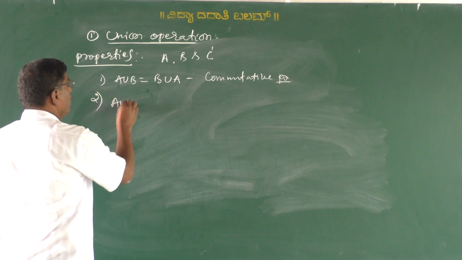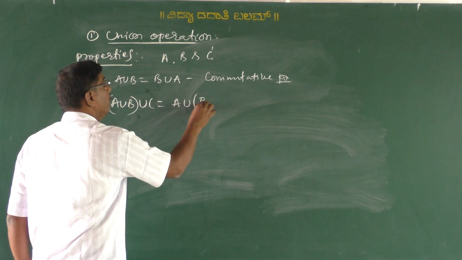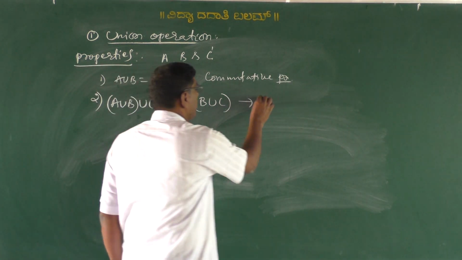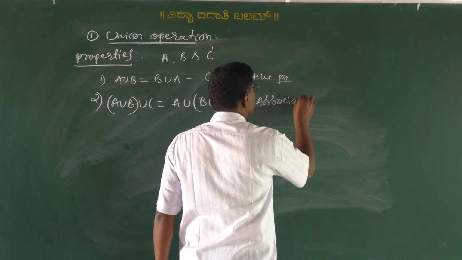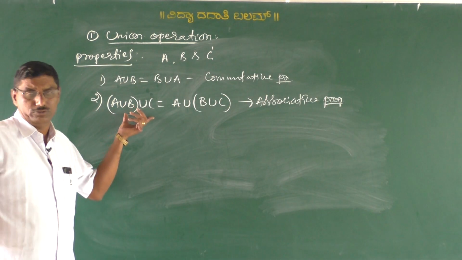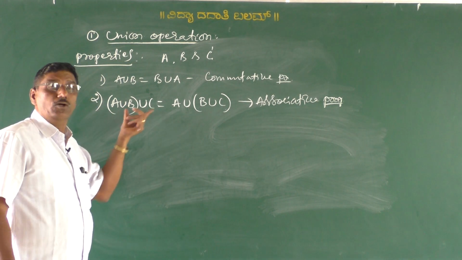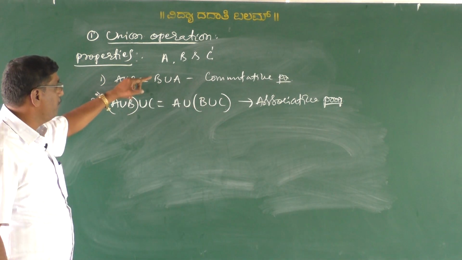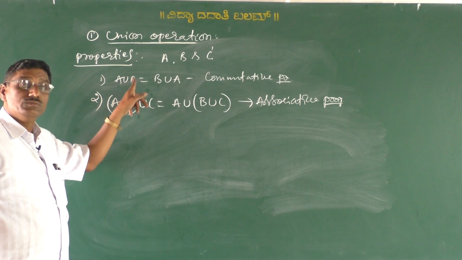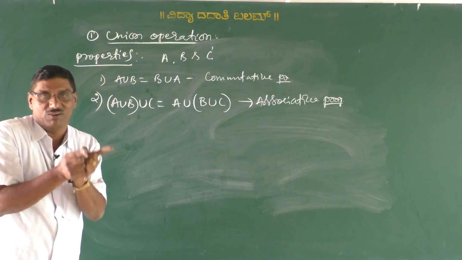Next, A union B, union C is equal to A union of B union C. This property we call the associative property. This is also true for any three sets, and by taking any three sets we can prove it. The difference between commutative and associative is that in commutative we change the position of the sets, but here we change the grouping of sets.